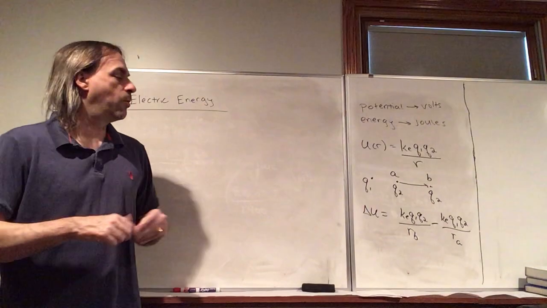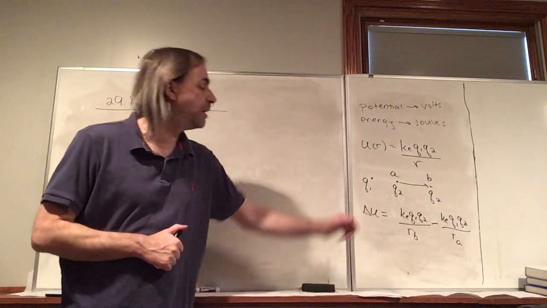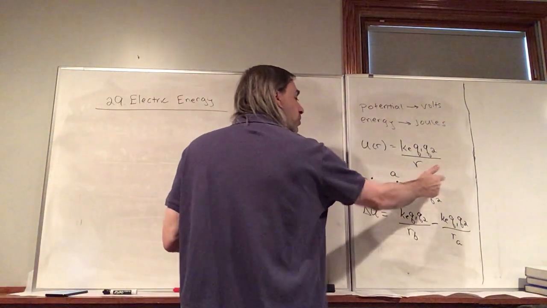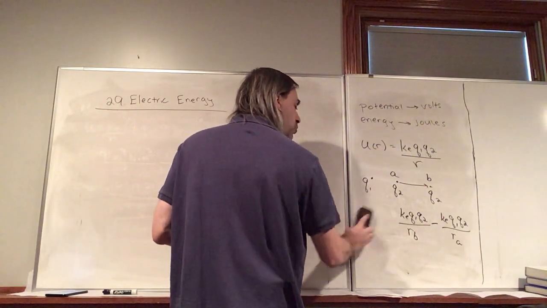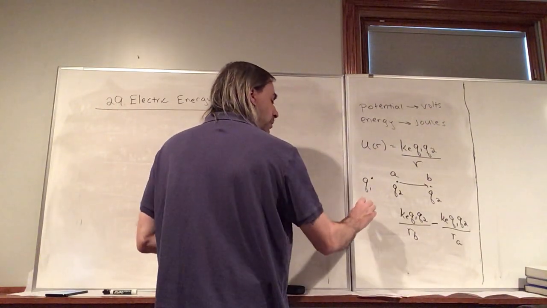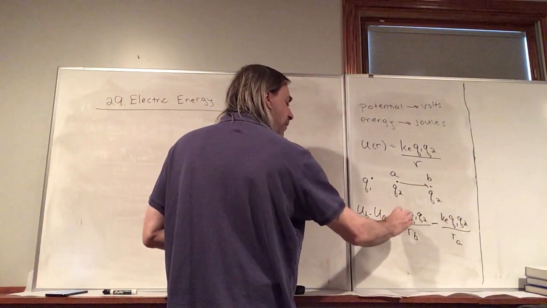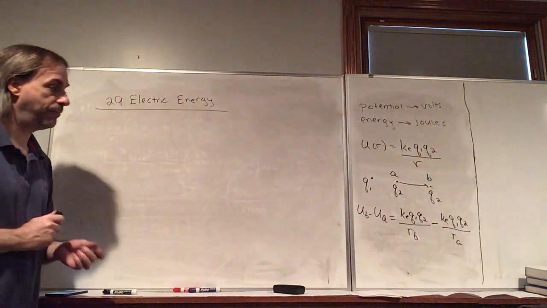What I wrote down initially was work, where this first term was negative, second is positive, but the change in potential energy is minus that. And again, the change is final minus initial, so this would be UB minus UA. So basically, we're not setting a reference level here. We're just looking at a change in potential energy.